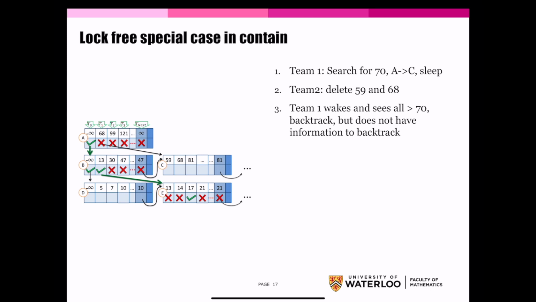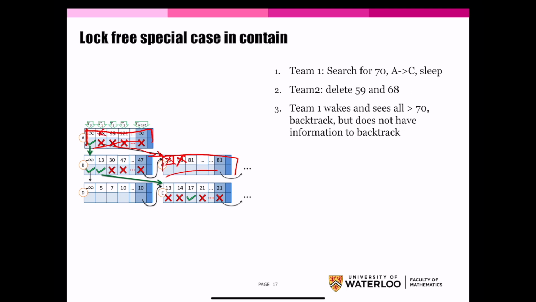And we have a special case in the lock-free contains operation. Say team 1 searches for 17, going from chunk A to chunk C, and then it sleeps. Note that T2 then deletes 59 and 68.